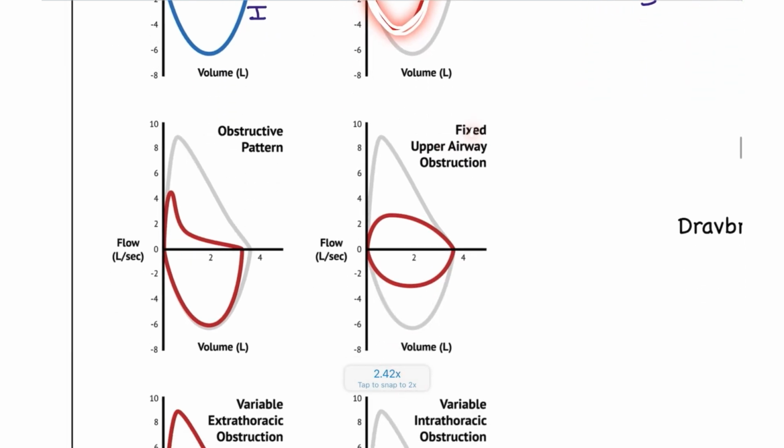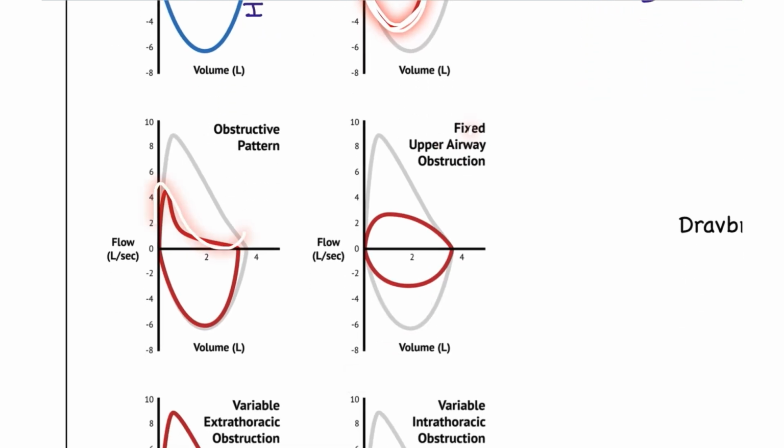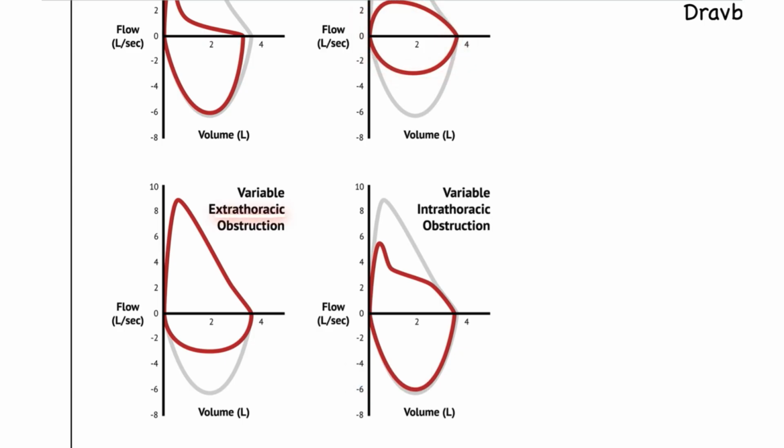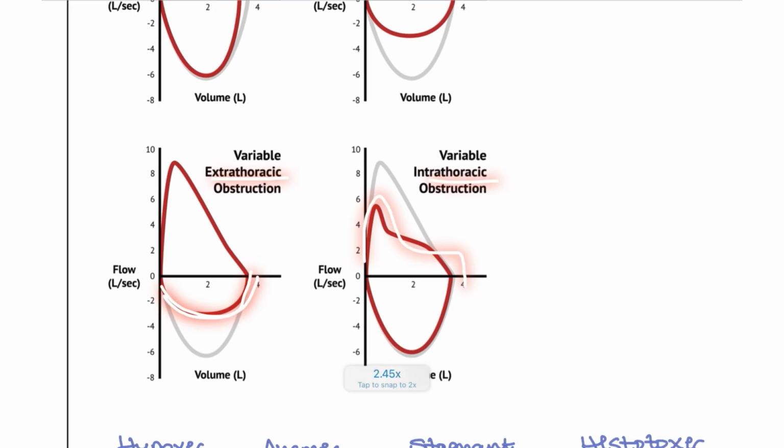In the obstructive, the expiration is the one which will be more affected. In fixed airway obstruction, both inspiration and expiration are a problem. In extrathoracic obstruction, the inspiration is affected, and in intrathoracic, again the expiration is the affected one.